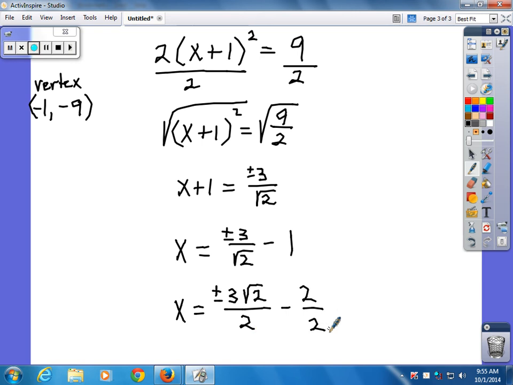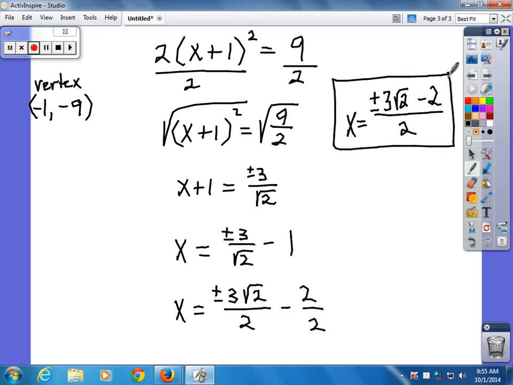And that's going to give us x is equal to positive or negative 3 square root of 2 minus 2 over 2. Now, that is the exact answer. Remember what I told you. Some teachers, some directions, some tests want the exact answer. Exact means leave it in radical form.